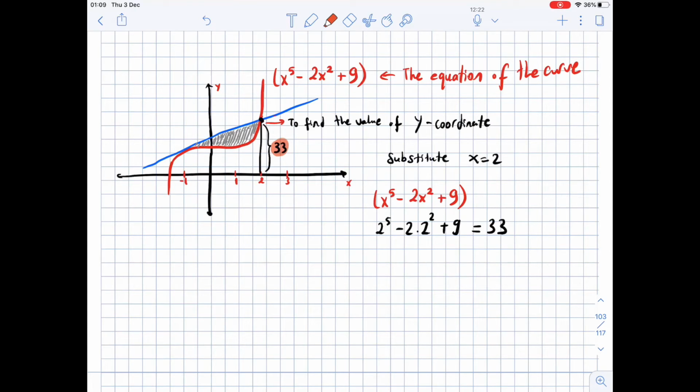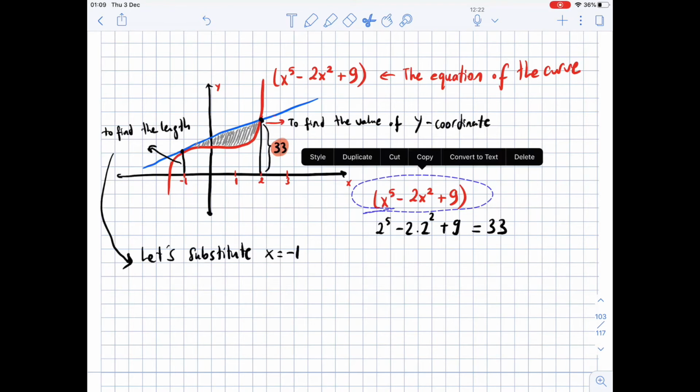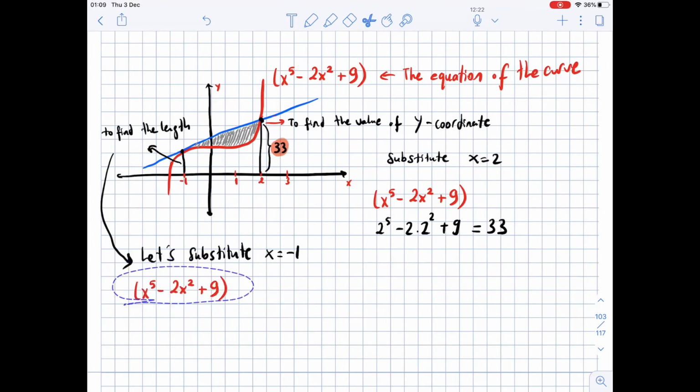So the length of the top side is 33, and I'm going to find the bottom side. If you replace x with -1 in the equation of the curve, x to the power of 5 minus 2 times x squared plus 9, I'm going to find the length of the bottom side.